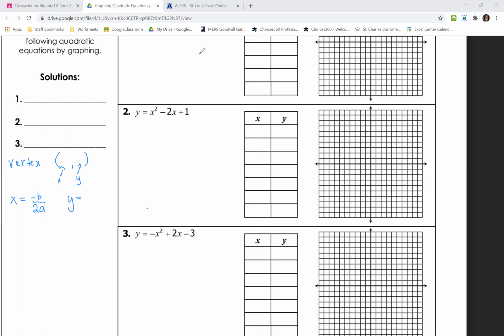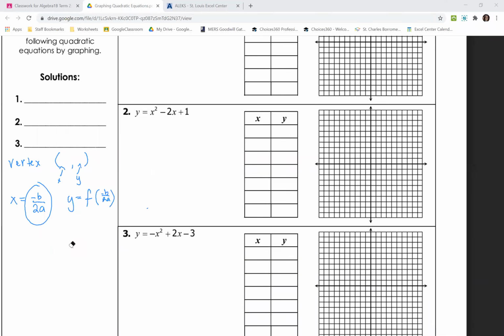If we remember, y could also be called f of x. F of x is just another name for y. Since I want you to plug this into the equation for x, what we say is f of negative b over 2a. That's how I will communicate how to find the vertex.